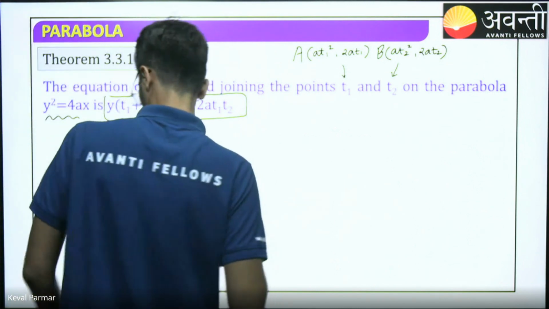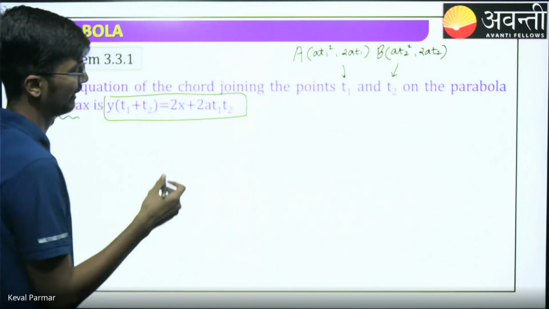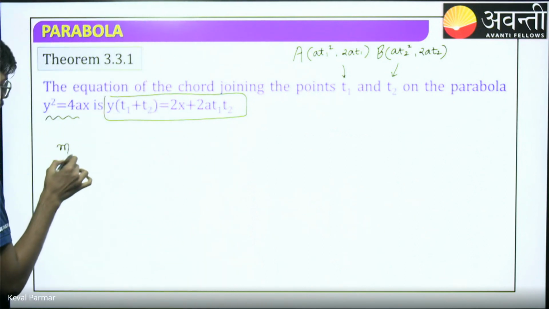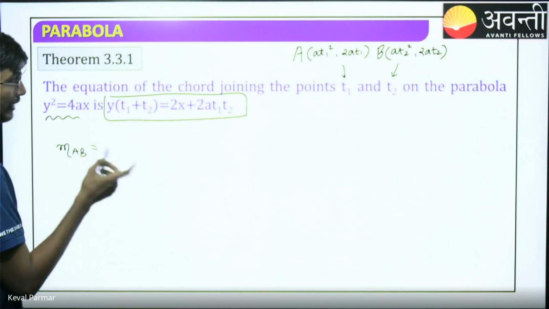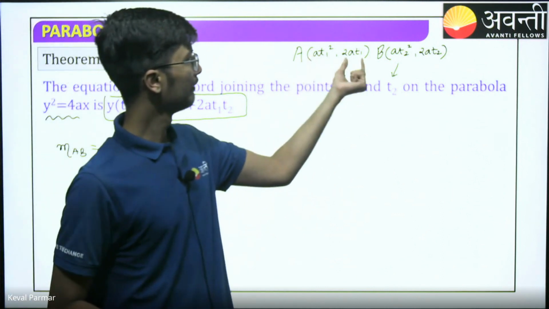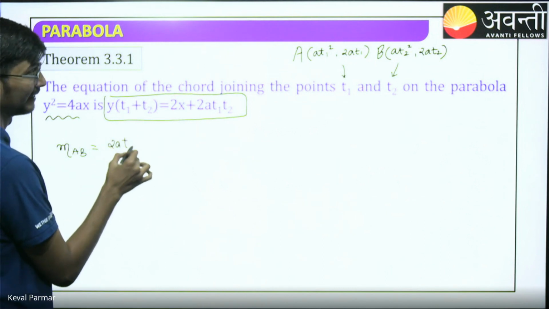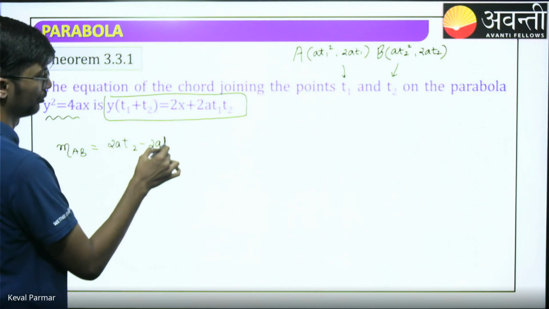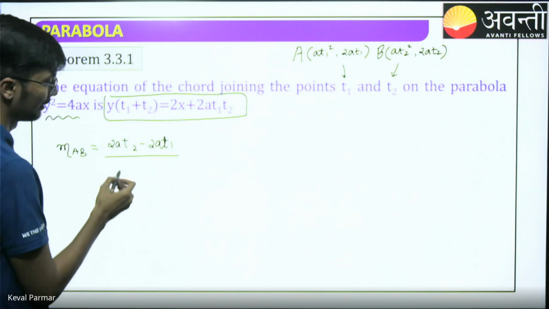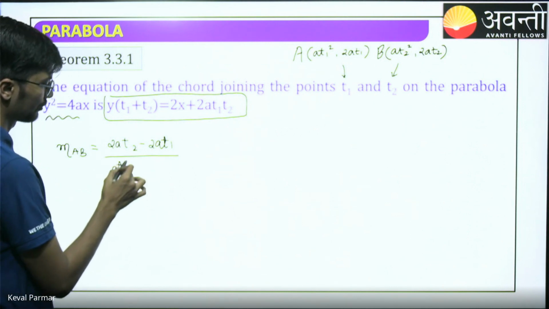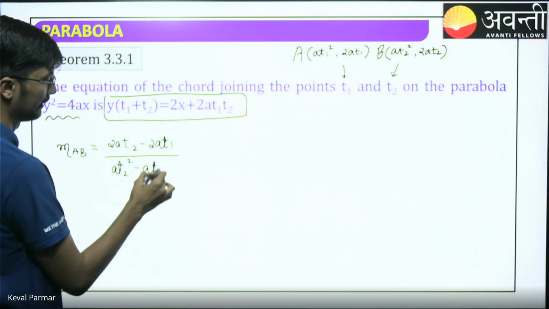Chalo. Let us find the slope of AB. So slope of AB is y2 minus y1 upon x2 minus x1, where the points are x1, y1 and x2, y2. So 2a t2 minus 2a t1 upon a t2 square minus a t1 square.